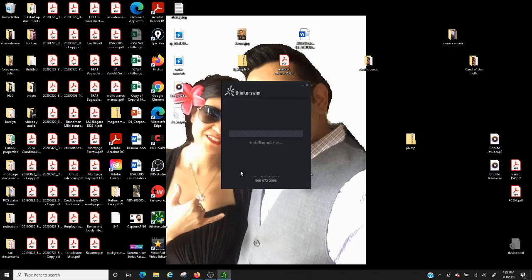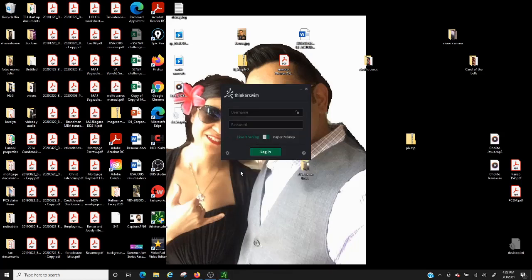and then it's gonna give you two options. So you make sure that you click the paper trading account. It's gonna have the same username and password. So you put in your username and password, but here you have to click on paper money.